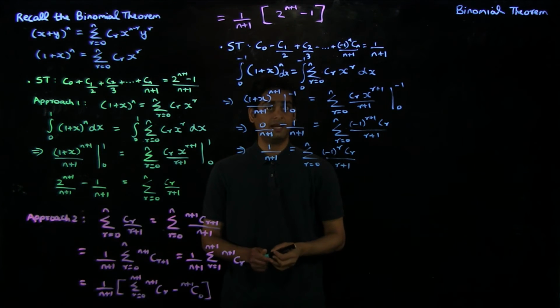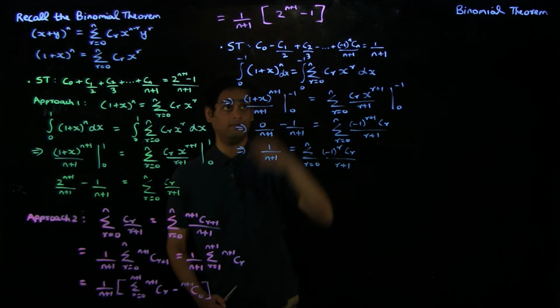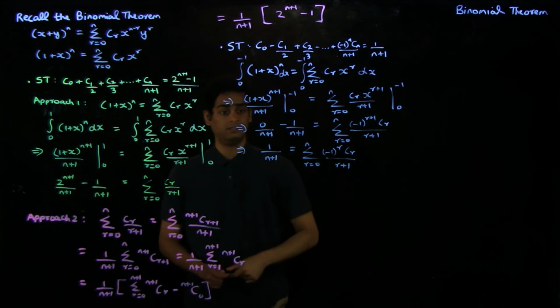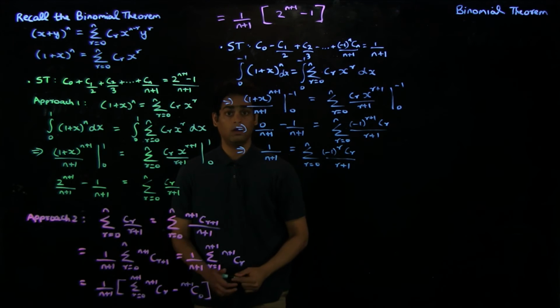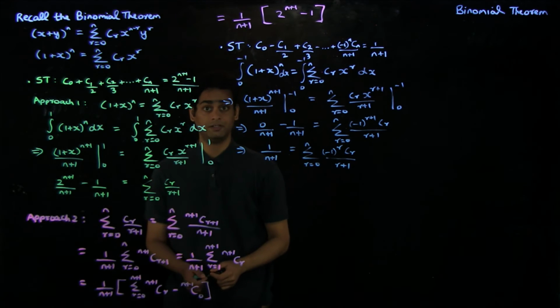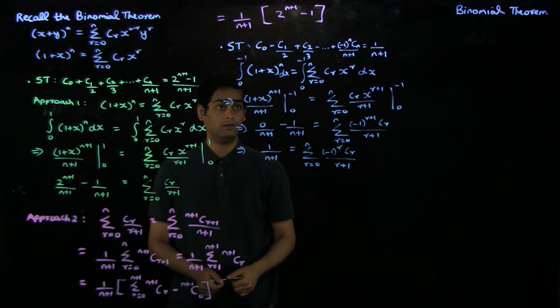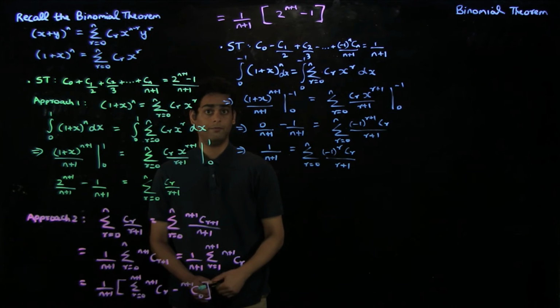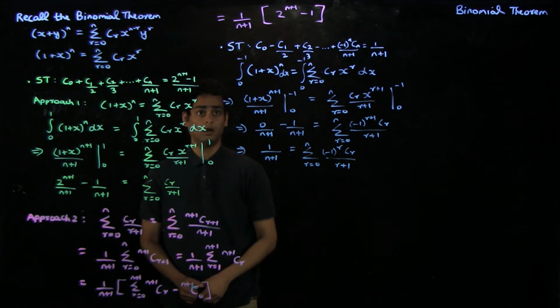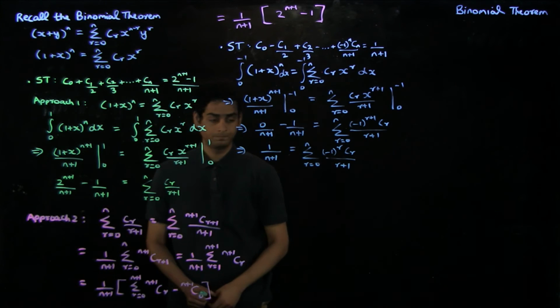And this right hand side is exactly the left hand side of this identity we want to show. And this left hand side is 1 by n plus 1, which is exactly what we want to show. So once again, we've seen using the integration technique that you can derive identities based on binomial coefficients, where the binomial coefficients are weighted by fractions of integers.